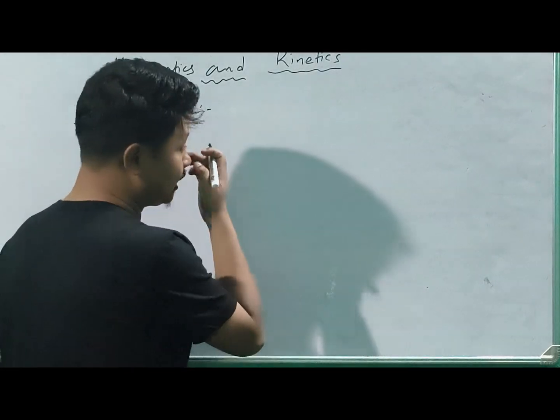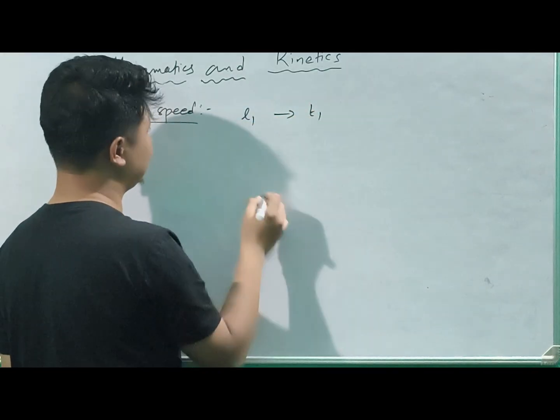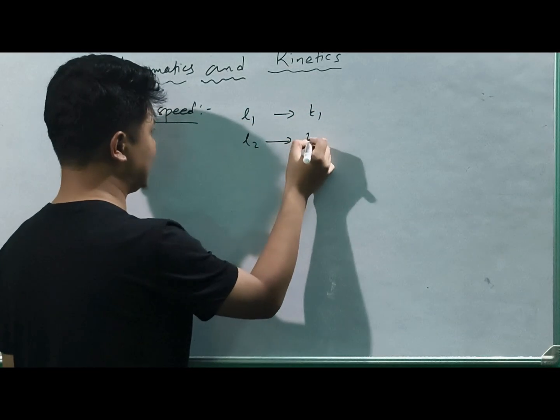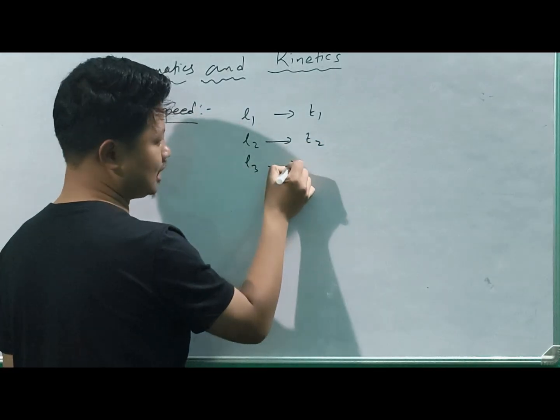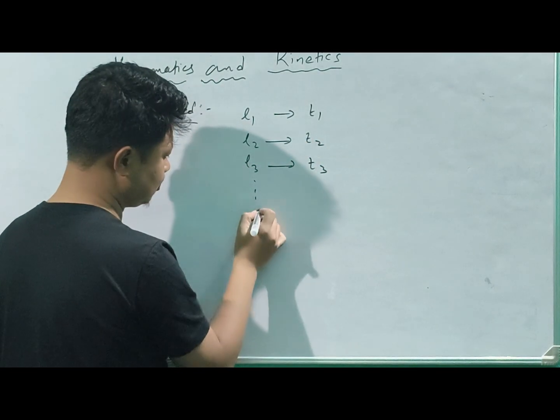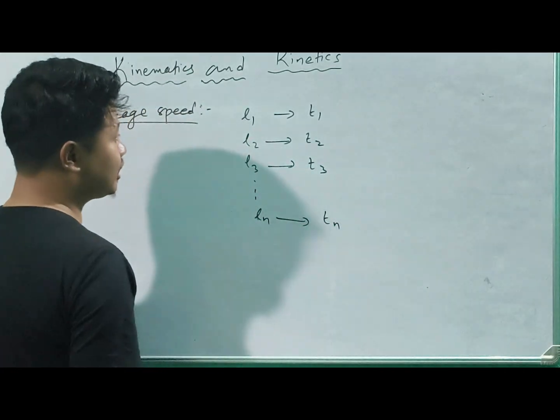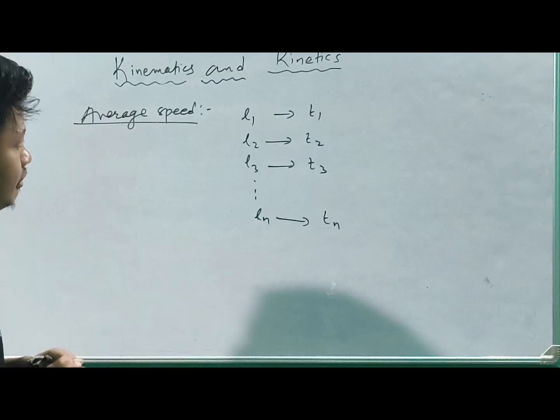Let us say an object covers a distance L1 in time t1, L2 in time t2, L3 in time t3, and so on, Ln in time tn. So these are the different distances covered in different times.